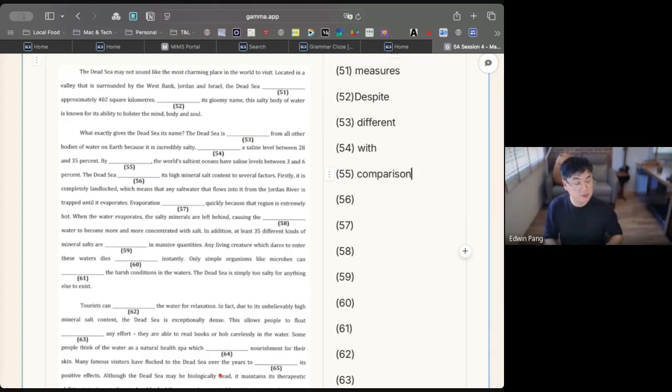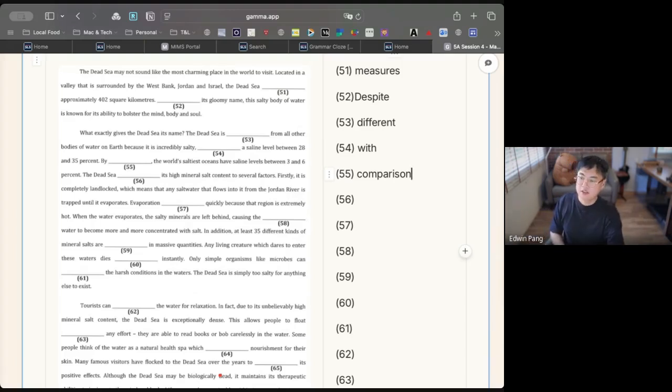By comparison, did y'all get comparison? That's excellent, right? I'm doing comparison between this sea and all the other seas. By comparison, the world's saltiest oceans have only 3 to 6%, right? So the Dead Sea is 10 times as salty as all the other seas in the world. By comparison.